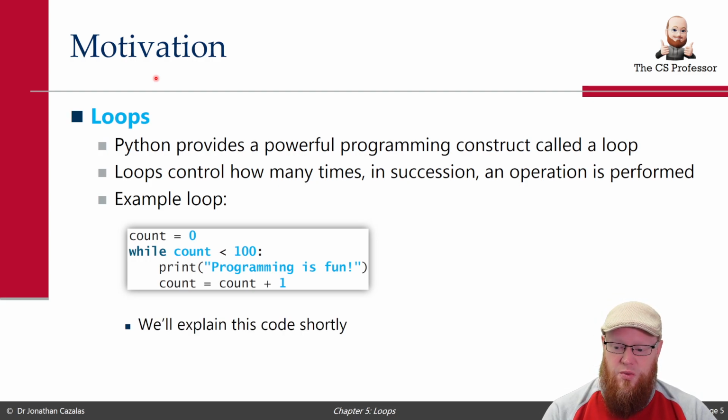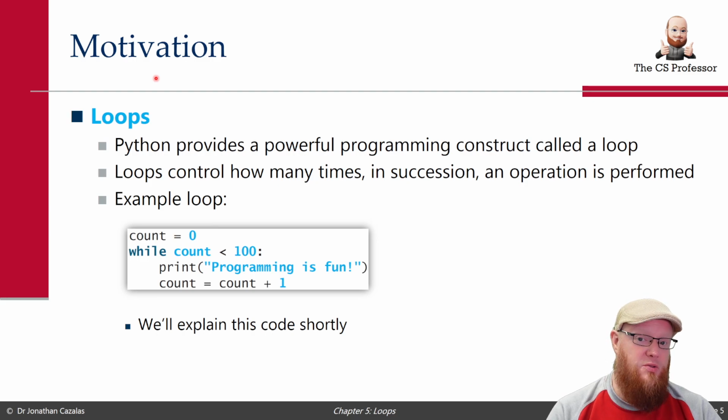So if you notice, we have this while loop here where it says while count is less than 100, print programming is fun. So we have a counter that we're using. And notice what happens as soon as we print programming is fun. We then increment, we update that count by adding 1 to it. So it started at 0 and now it's 1.